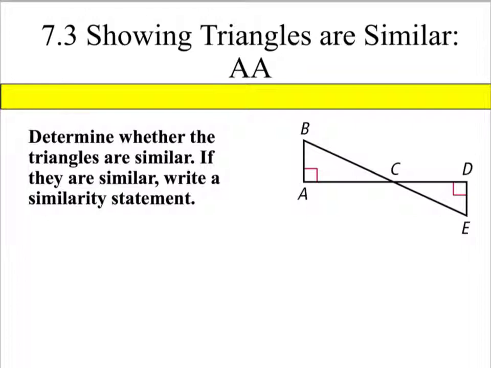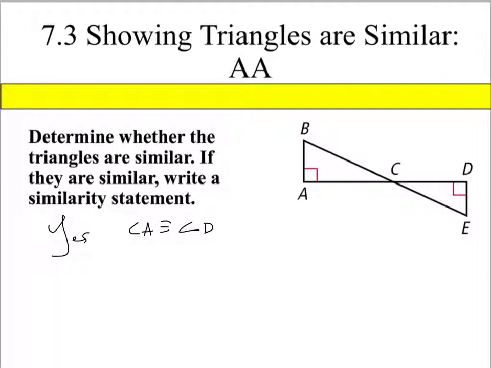All right, so are these similar? The answer, plainly yes. And the reason behind that is going to be angle A. We know that angle A is going to be congruent to angle D. Why? Because they're both right angles.